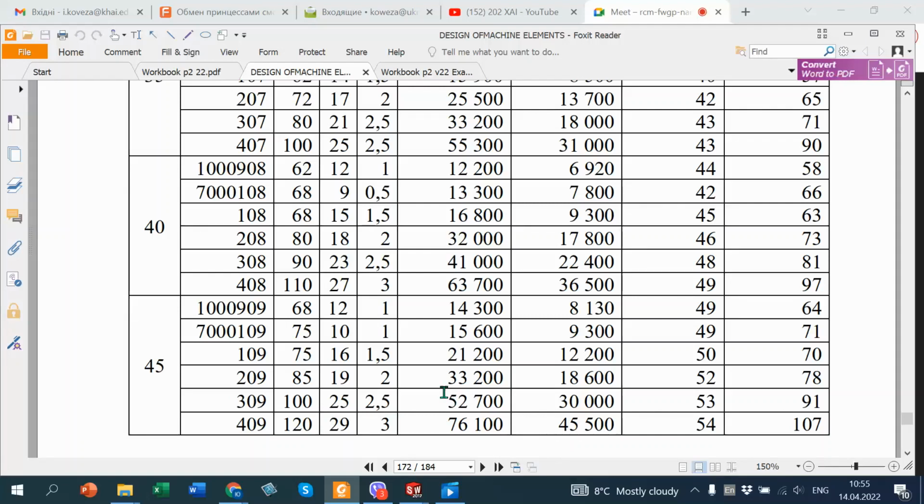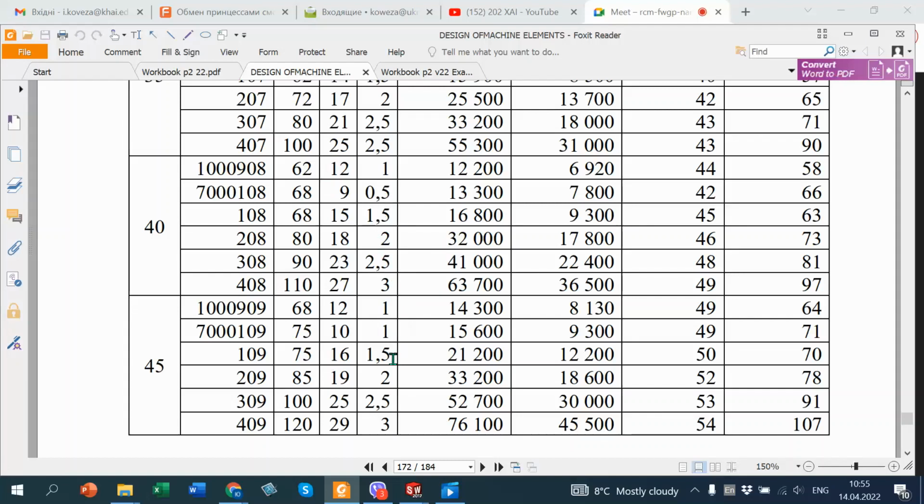But in case 408, we have the same shaft and another frame, 110. For 309, 100. So this variant increases bearing diameter by 20 millimeters, but it is less than 408. Maybe like this.